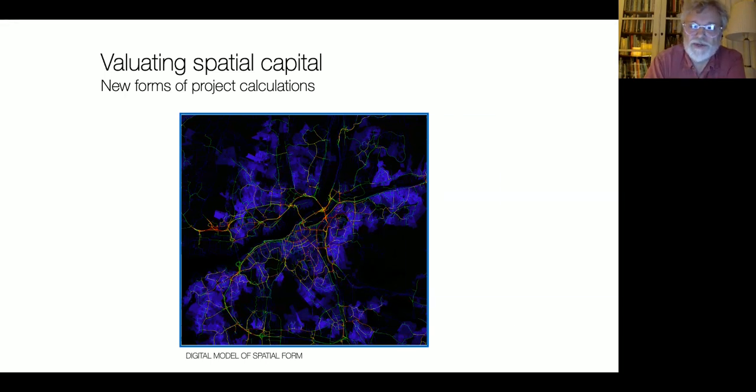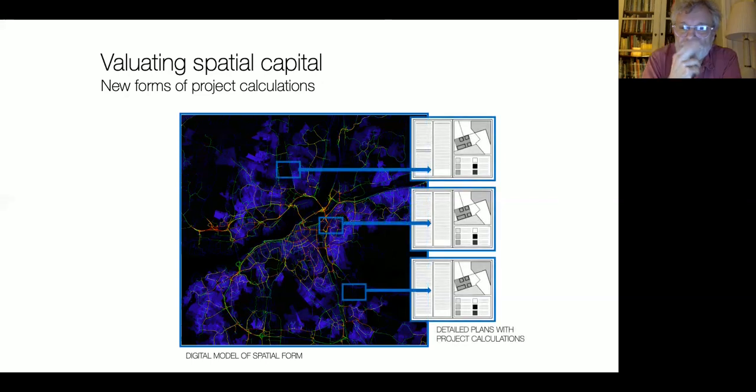Just to illustrate briefly, if we have three projects running at the same time, it's obvious that these are likely to also influence each other, and maybe one of the projects will create values in one of the others or destroy values in another one. By being aware of this and being able to model this, we could also make much better project calculations of what really costs money.